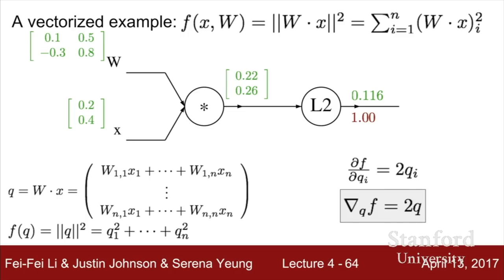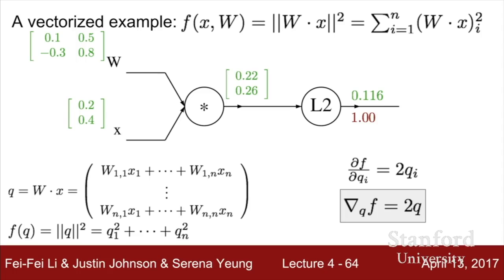Okay, so now let's move back one node. Now we want to find the gradient with respect to q, our intermediate variable before the L2. q is a two-dimensional vector, and what we want to do is find how each element of q affects our final value of f.